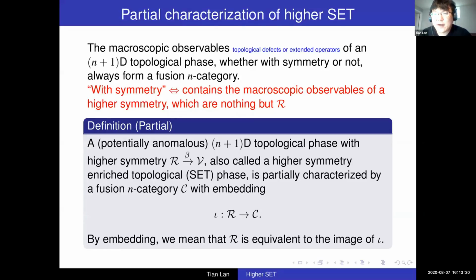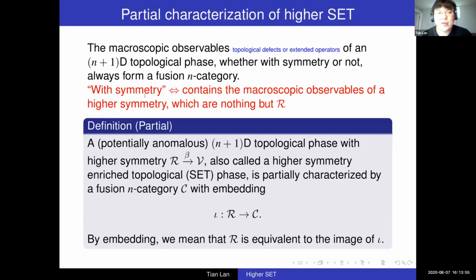So now I want to define an n+1 dimensional topological phase with given higher symmetry. But remember, the category description is just a collection of macroscopic observables, and in fact, no matter whether there is symmetry or not, in this n+1 dimensional topological phase, all the excitations and defects should always form a fusion n-category.